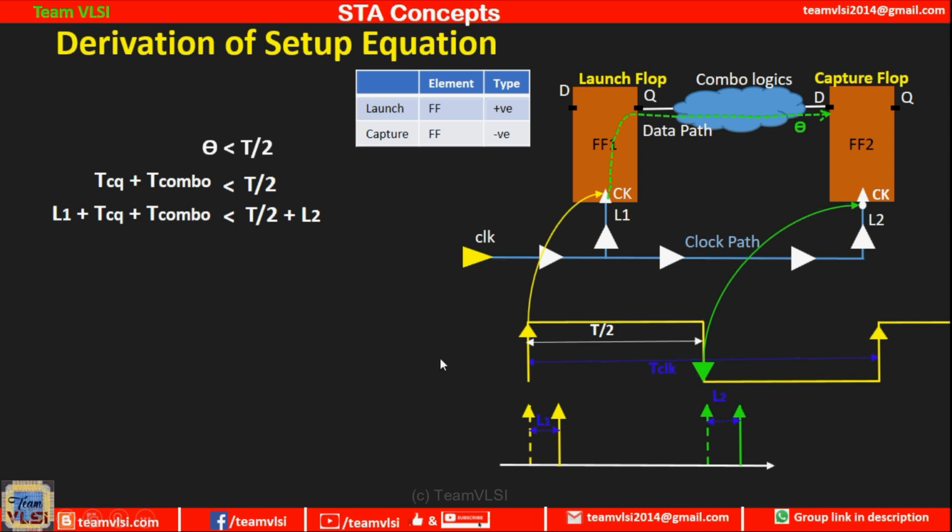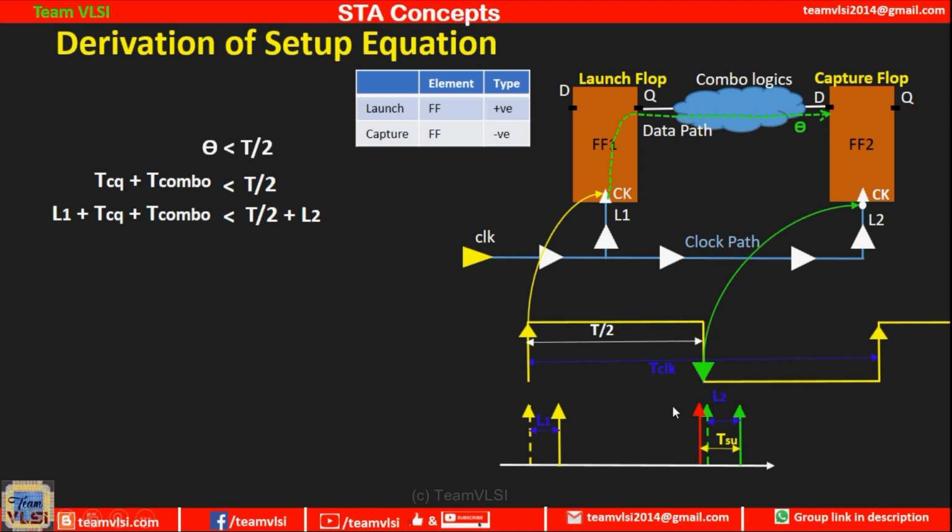Now let's introduce one more practical scenario, that is setup uncertainty. This edge will have some setup uncertainty of occurrence, and the worst case is if this clock edge occurs before the actual edge of occurrence.